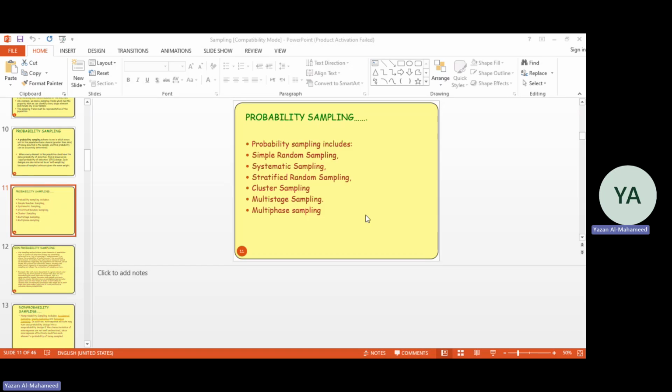Sometimes the members of the population have nothing in common. So how do we select them? We select them based on naturally occurring respects.